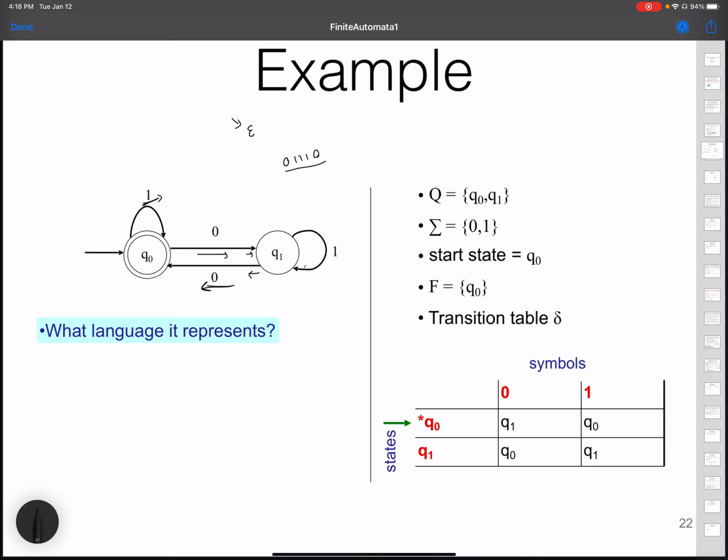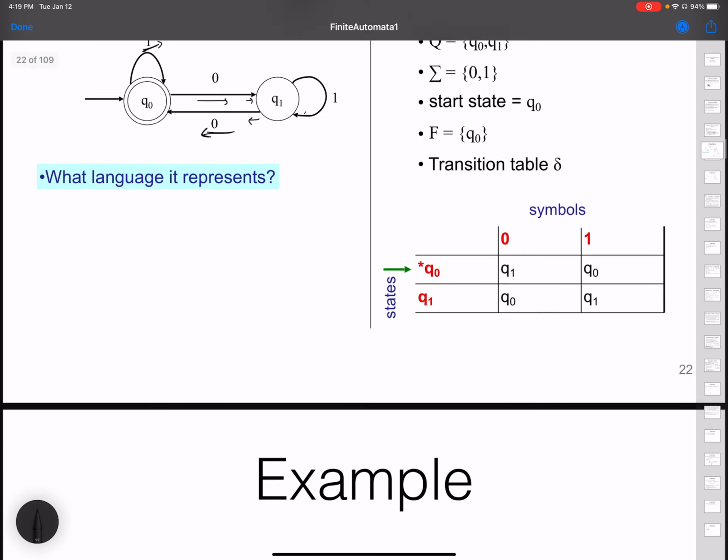The only thing that this finite state cares about is the number of zeros, and whether it is even or not. If it is even, it will be accepted. If it is odd, it will be rejected. And you can see that all the previous observations that we had satisfy this definition. So this finite state is going to accept all the binary strings that have an even number of zeros.